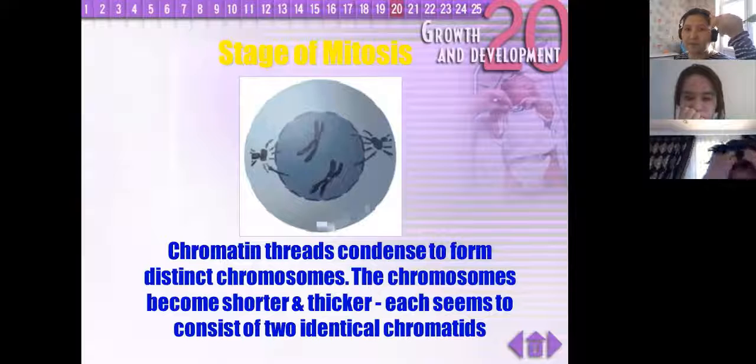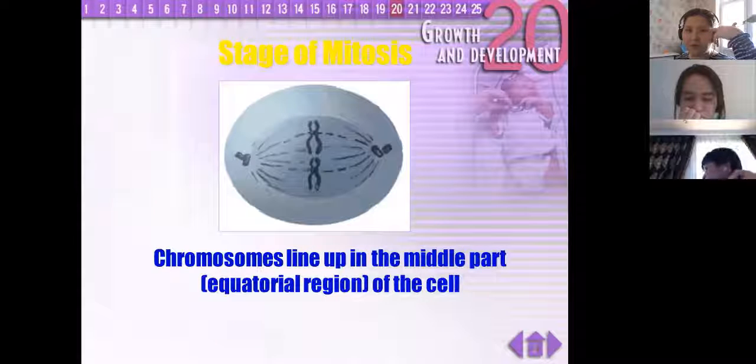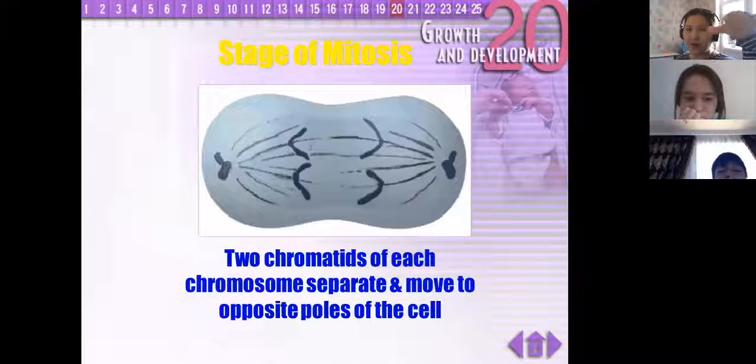Then, when they are lining up on the equator of the cell, it is called metaphase. This one. Then, when the chromosomes separate from each other, this phase is called anaphase. This one.